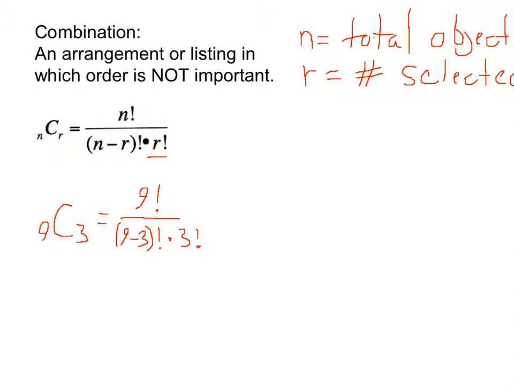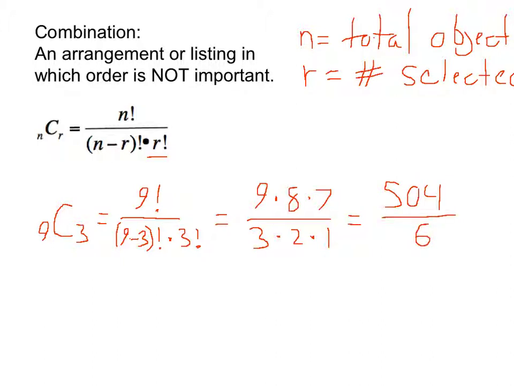Just like in the last one, when I write out the 9 factorial, and then in parentheses I'll get 6 factorial, everything is going to cancel out except for the 9 times the 8 times the 7. But this time I still have a 3 factorial left over, which is 3 times 2 times 1. 3 times 2 times 1 is 6. So I have on top the same thing I used to have, 504, but I divide it by 6.